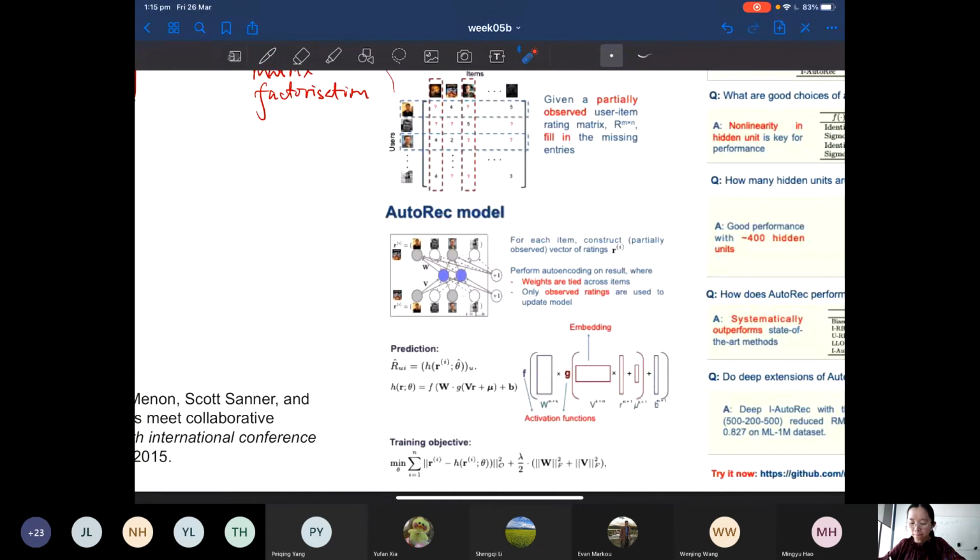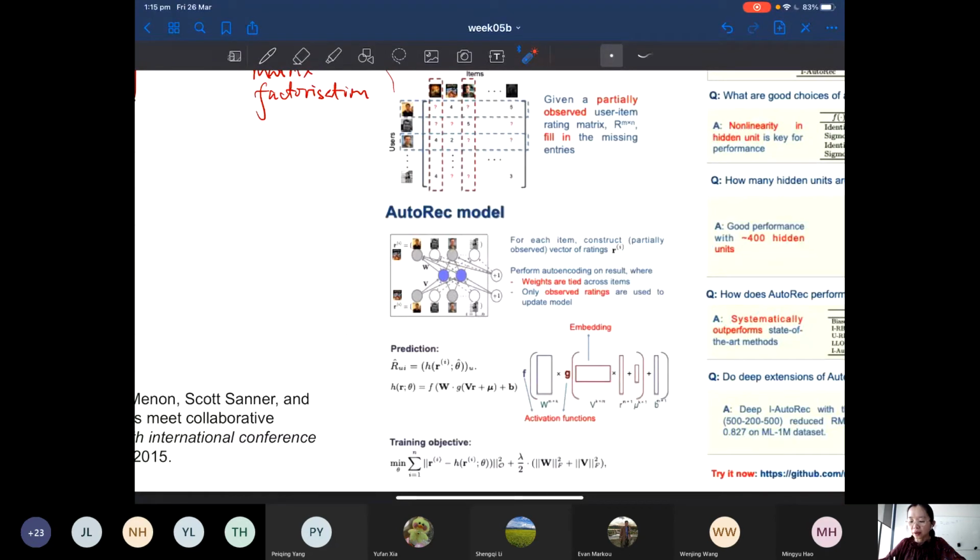And the graphical illustration here is: if we have an input vector, we're essentially passing it through a set of weights using linear algebra plus some bias term, which is denoted as mu, basically the mean of the projection, passing through an activation function, then through another set of linear layers, and then another activation function.